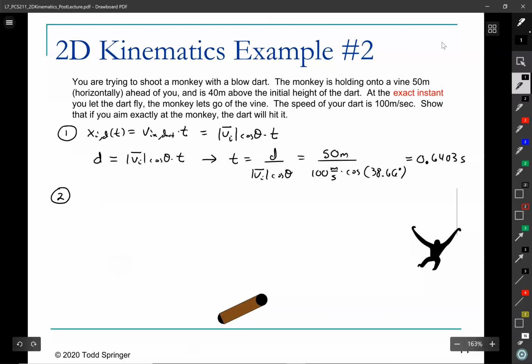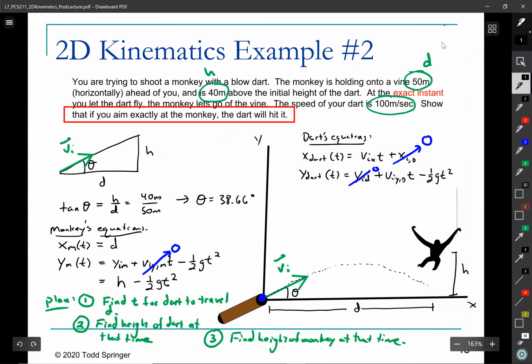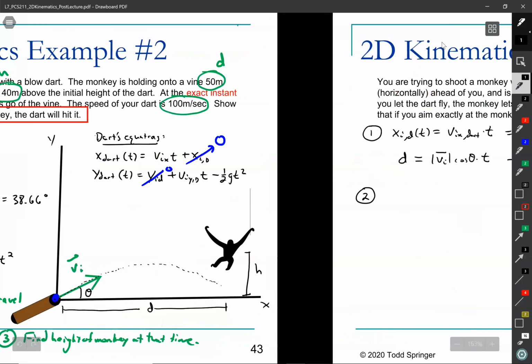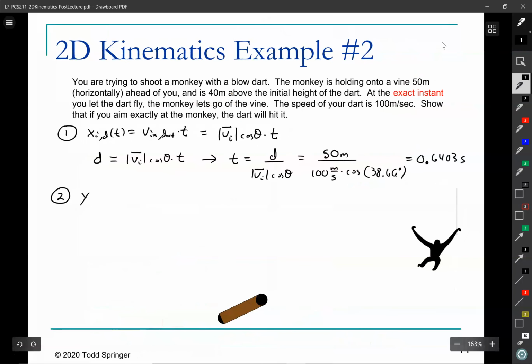Step 2. What is the y position of the dart at that time? So step 2 is find the height of the dart at that time. So now I'm going to use the y position for the dart. And sorry, I think I screwed this up. There shouldn't be i there. This is just the position of the dart, not the initial position of the dart.